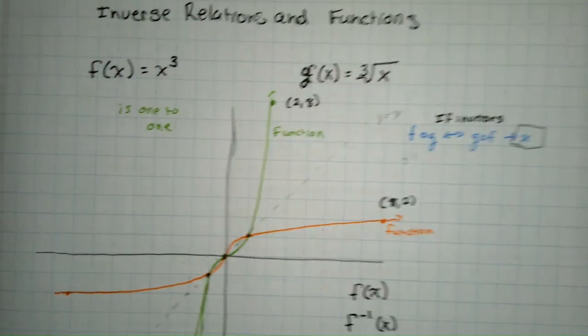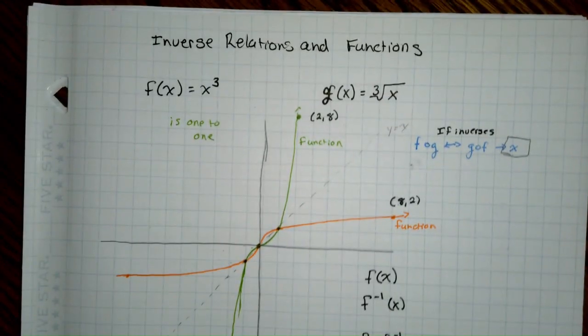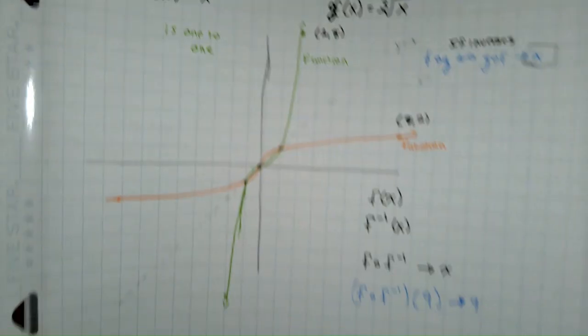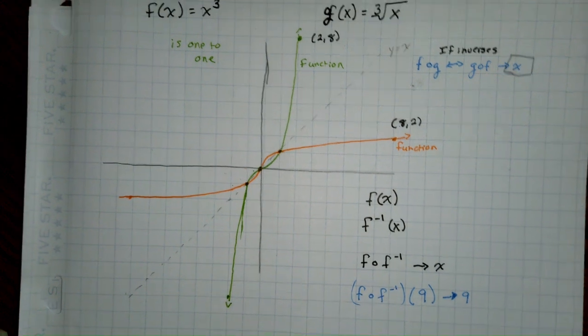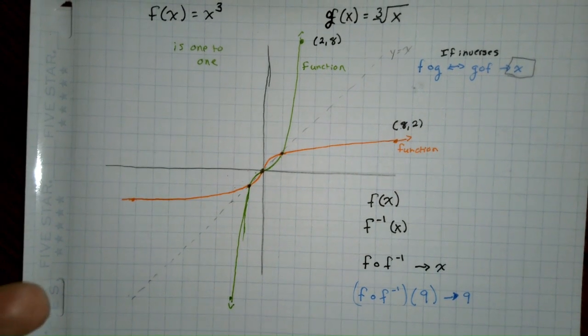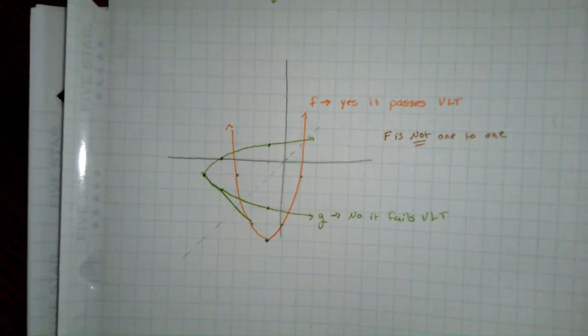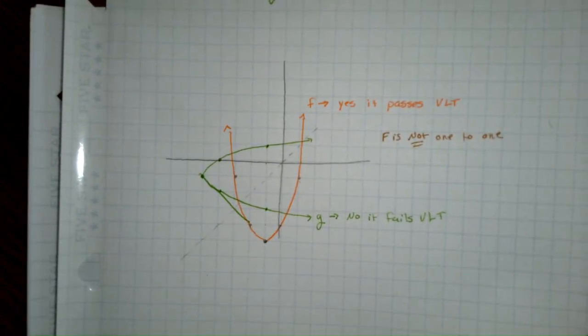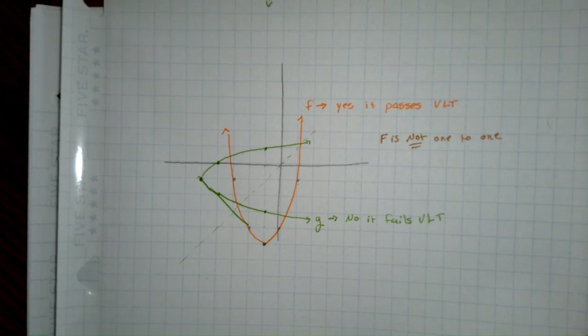Okay, so how could I tell if I had a 1-to-1 equation by just looking at the original? Think about this one. The green line is 1-to-1. The orange line is not 1-to-1. So how do I know the difference?